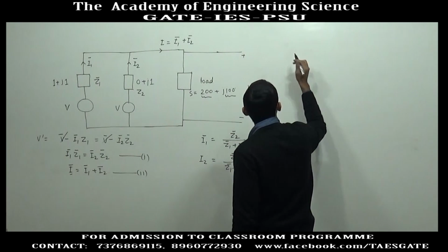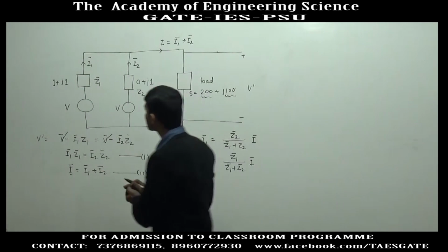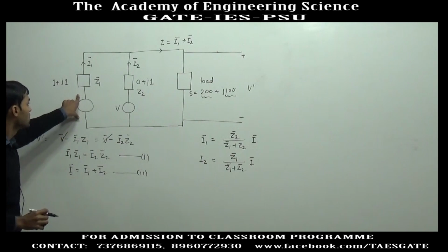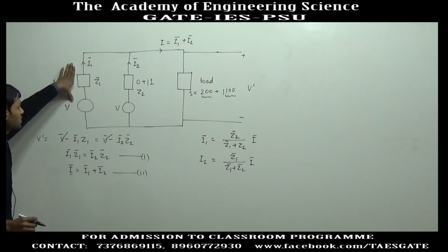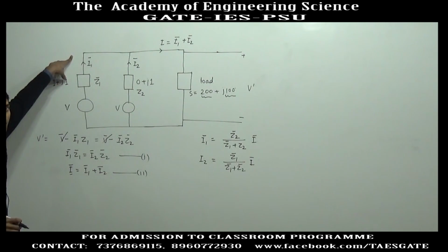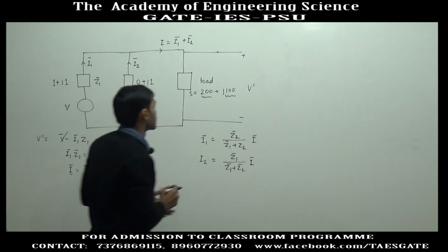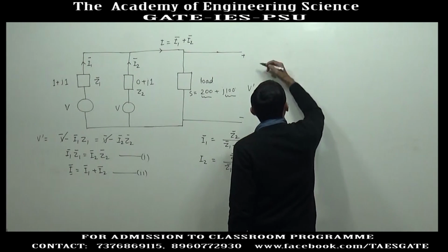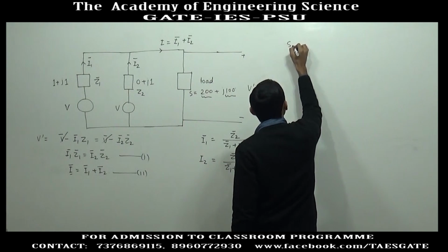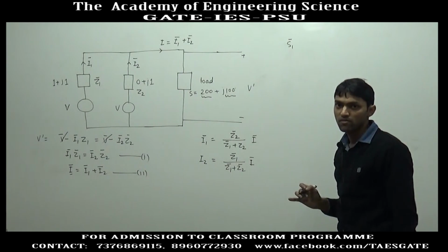Now, the power supplied by the generator. The power supplied by the generator to this load will be the voltage across the load into the current supplied by the first generator. We denote it as S1 vector, the apparent power supplied by the first generator.